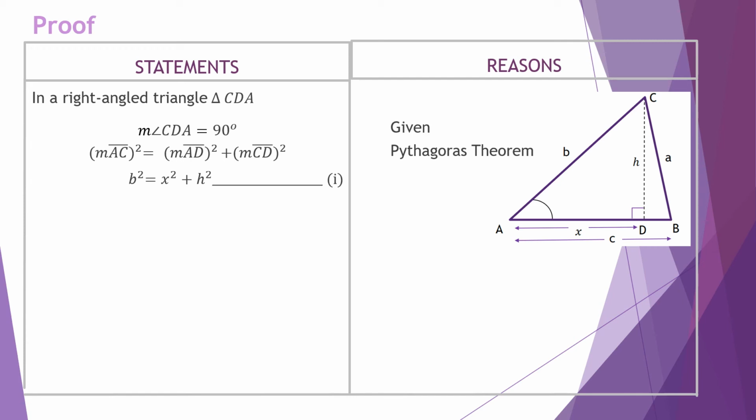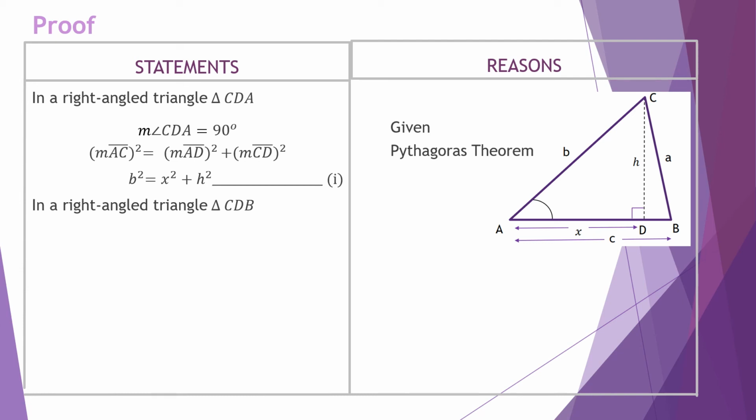Now we will take the second triangle CDB, and in this triangle the right angle is at point D and the opposite side of it will be the hypotenuse which will be BC. BD will be the base and CD will be perpendicular.